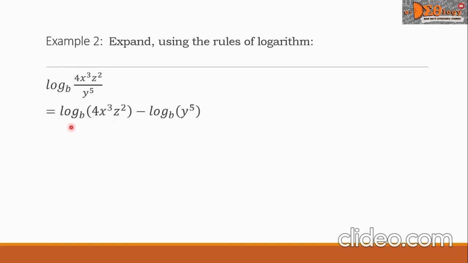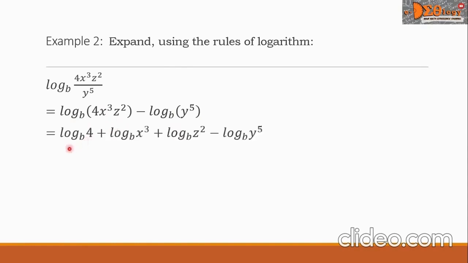So we have now log of 4x cubed z squared, that is the numerator, to base b, then minus the log of the denominator y raised to 5 to base b. In our first log here, there is a product, and to simplify that, we need to get the sum of the log of each of the factors. So let us expand this now.